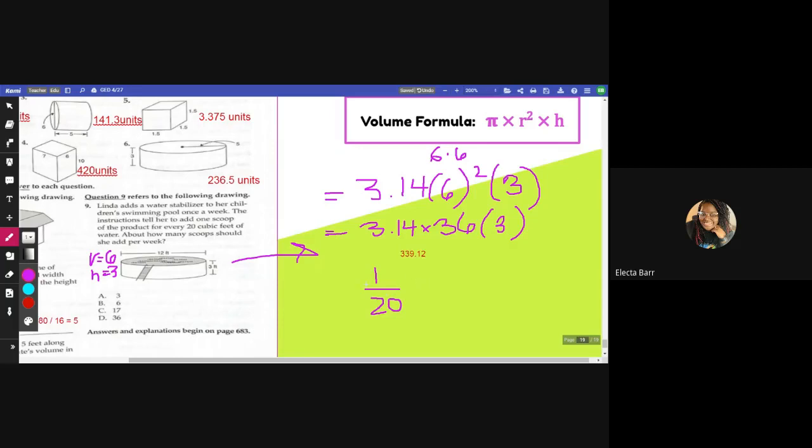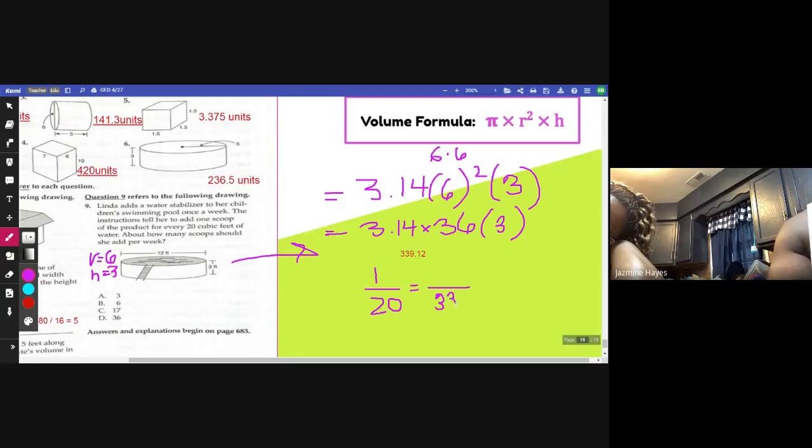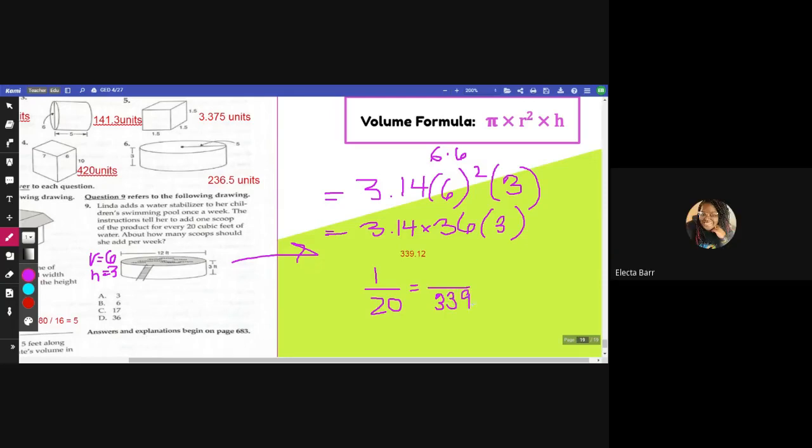So remember, the 1 represents the scoops, the 20 represents the feet, which is equal to the volume that we just found, right? That 339.12 is representing the feet. So you got 1 over 20 is equal to 339.12. And then we're going to put our X at the top because that's the number we're trying to find.